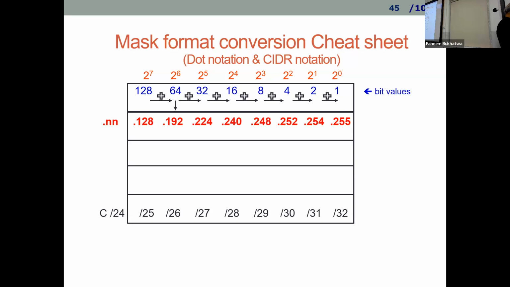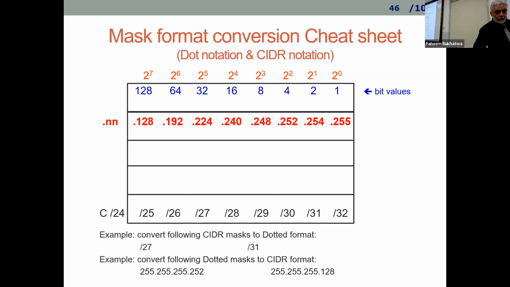Those 2 here are left for the third byte and the second byte as well. But this is really what we need now for our subnet.